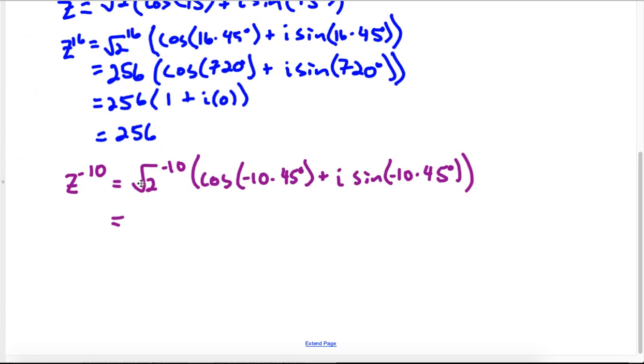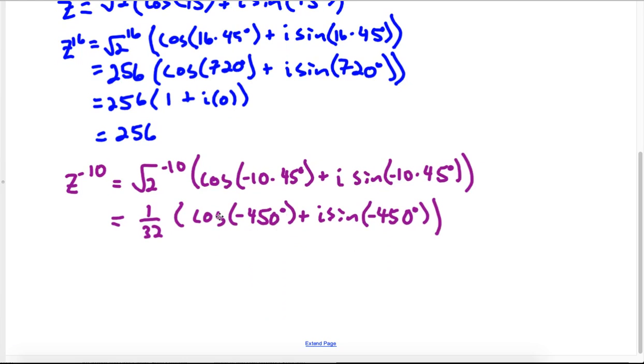The square root of 2 to the negative 10th power, again, this is 2 to the 1/2, so 1/2 times negative 10 would be negative 5, so 2 to the negative 5th power, or 1 over 2 to the 5th power, would be 1 over 32. And then I would have cosine of negative 450 degrees plus i times the sine of negative 450 degrees.